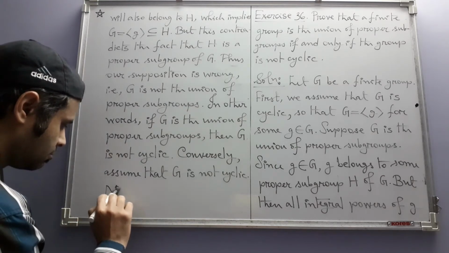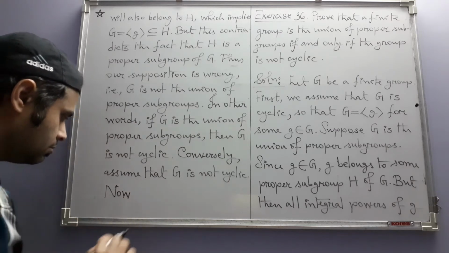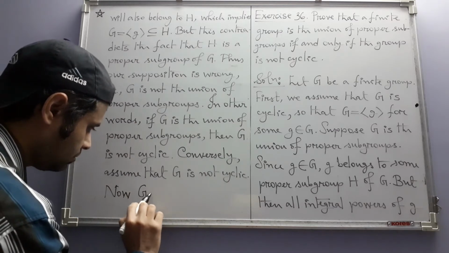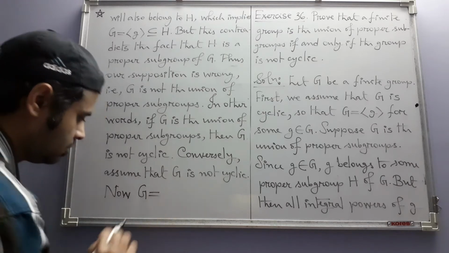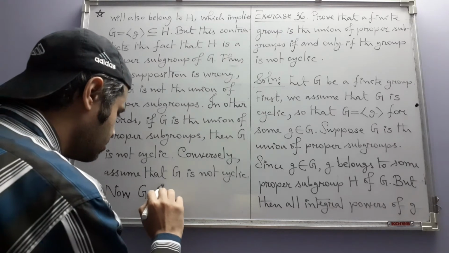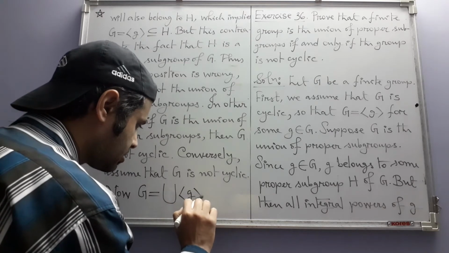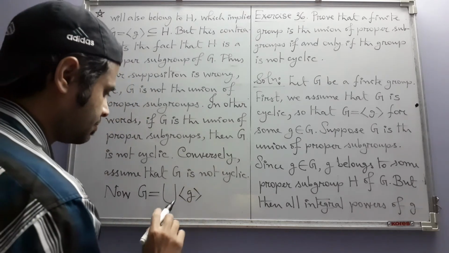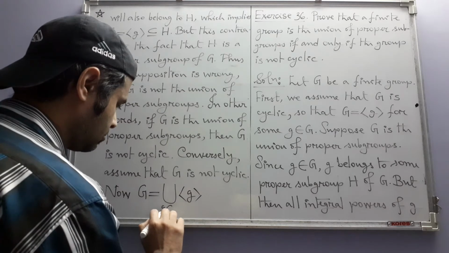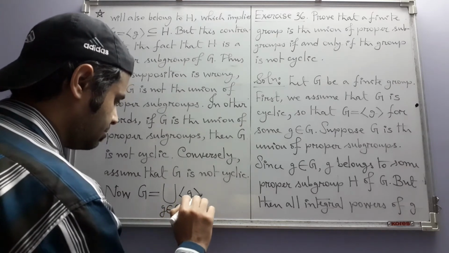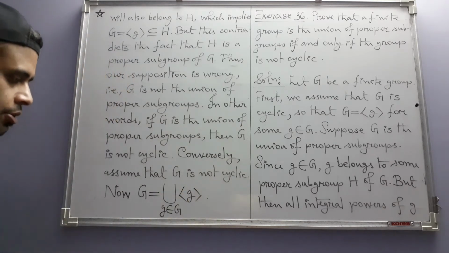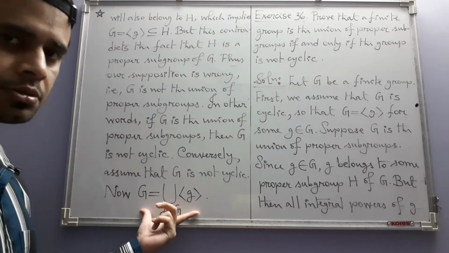Now G is equal to the union of all cyclic groups generated by the elements of G. Do you see how this equation is true?